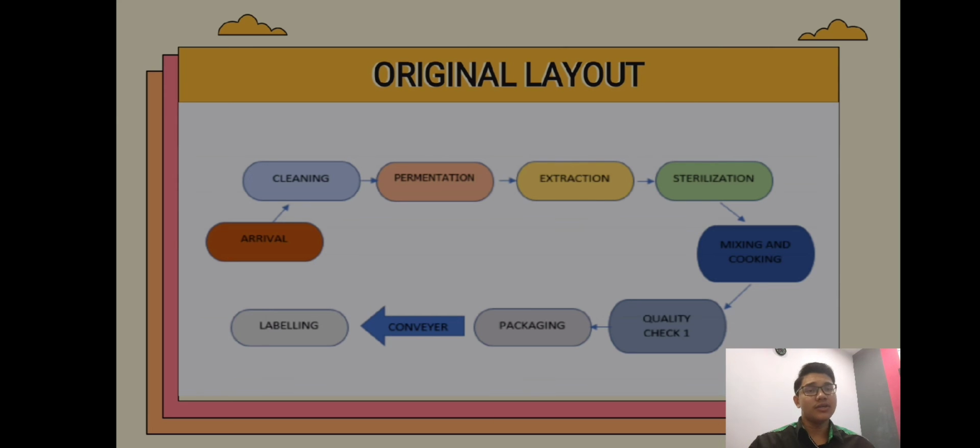After the container has been checked, they will send it to the filling and packaging process to insert the soy sauce into the bottle. Then it will roll down the conveyor to the labeling station, then ready to send.